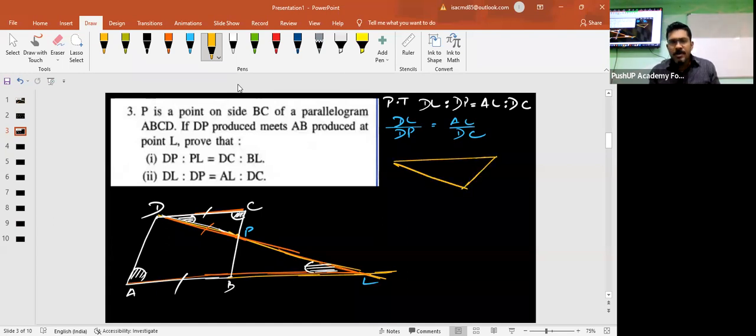So this is your first triangle, I mean the smaller triangle, D, P, and C. Then this is your bigger triangle, which is DLA.